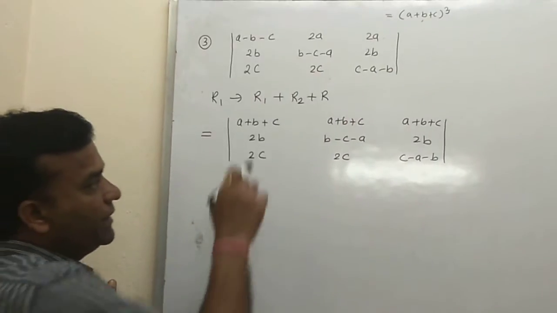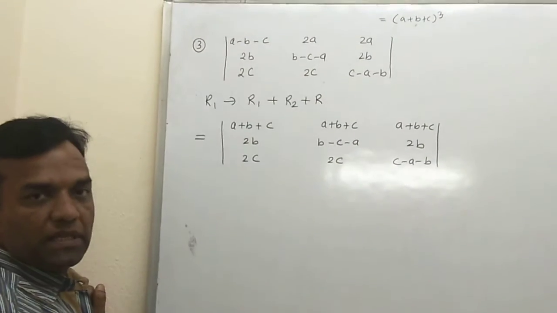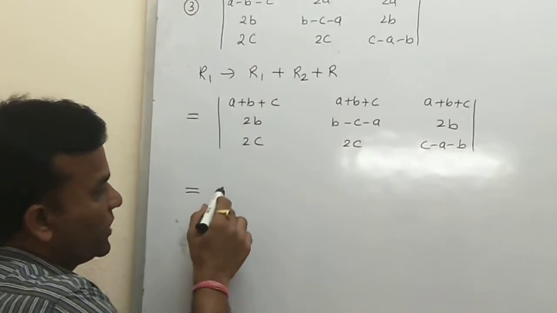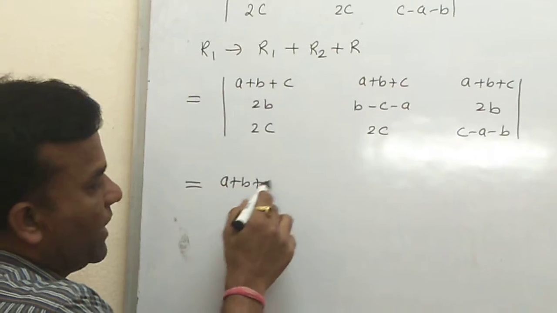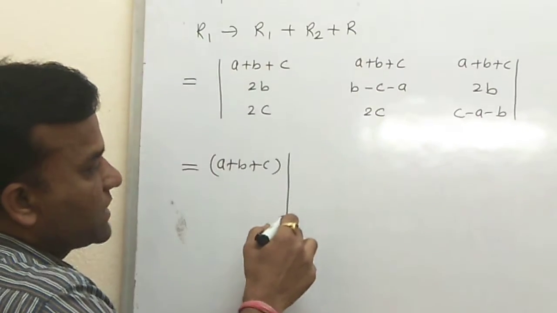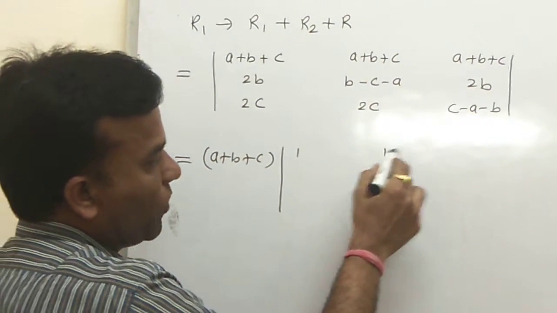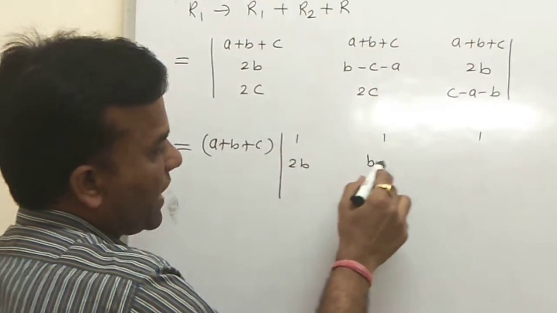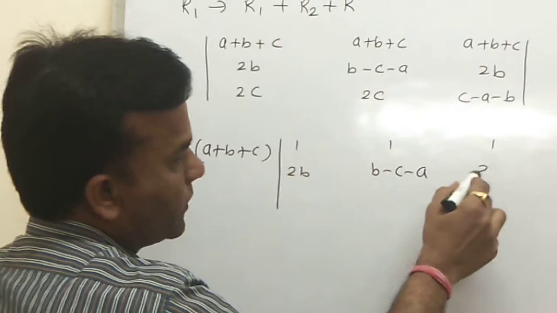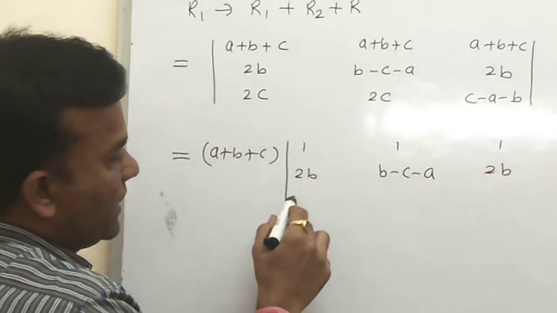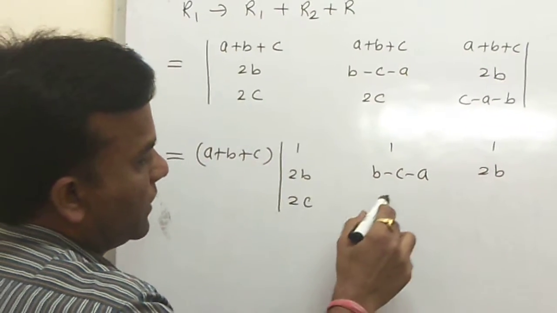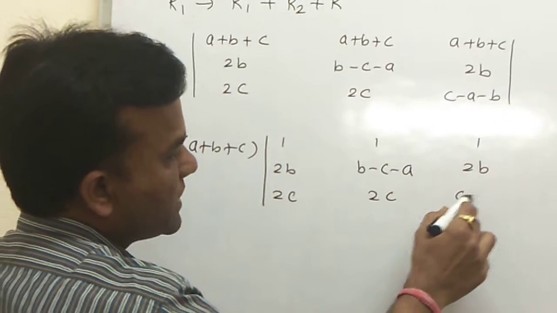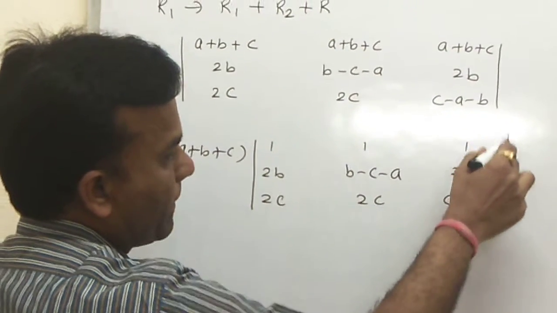But r1 has a plus b plus c, so they are the same, so you take a plus b plus c common outside, and the rest of the elements you have 1, 1 and 1, and then you write down all the rest of the elements the same, no change, and then you have c, 2c and c minus a minus b.